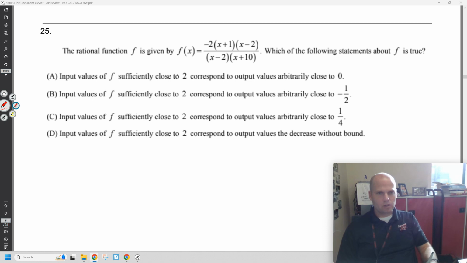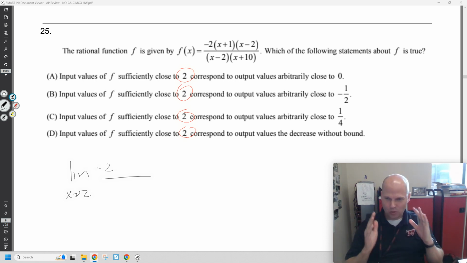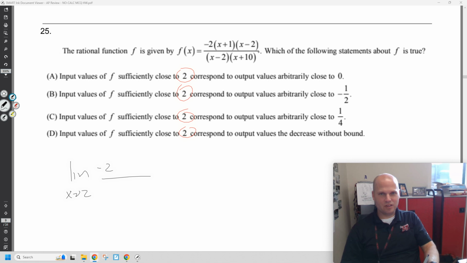Okay, now we're talking about getting close to 2. If I'm getting close to 2, what would happen? Now here's the hole. If I plugged in 2, I'd get 0/0.